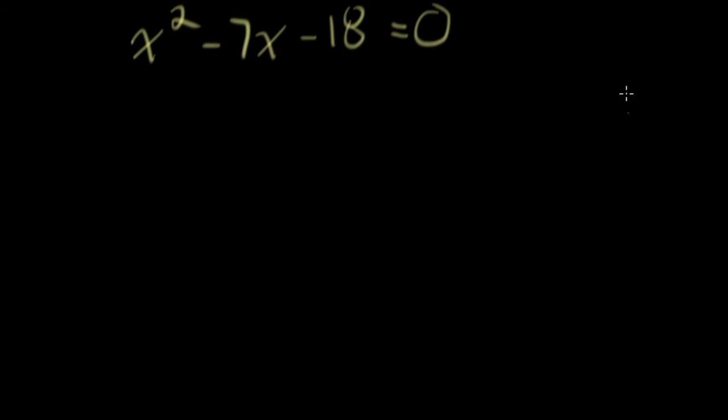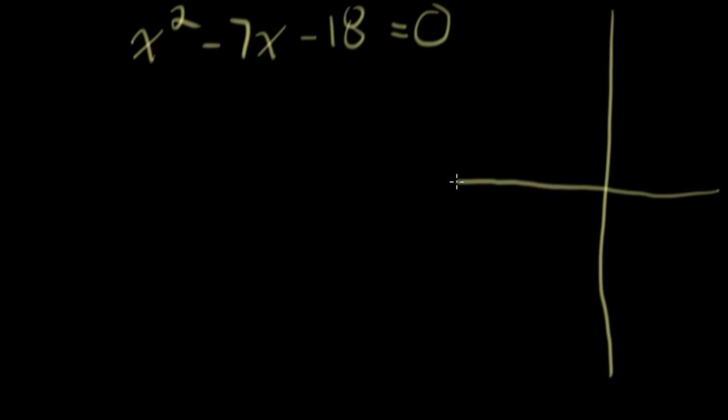So where should we start? Let's say we had this equation: x squared minus 7x minus 18 equals 0. Your teacher wants you to graph it. We need to figure out the vertex first, and hopefully you can do that really quickly.